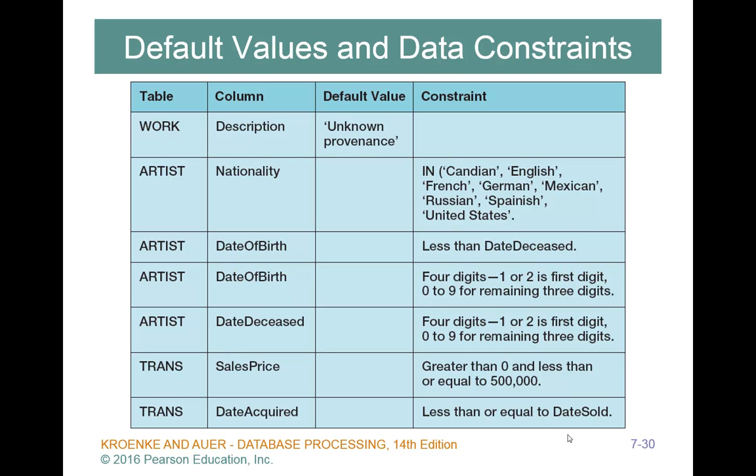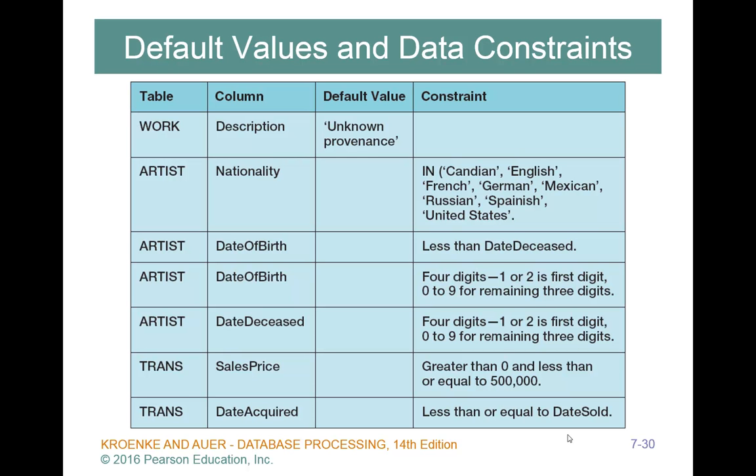In the artist table, we have three different constraints: one in regards to nationality, and then for date of birth and date of deceased, we have some specific orders of digits that we want to be able to select. So when people put in an appropriate date of birth, it will coincide with the appropriate date of deceased, and so on and so forth.